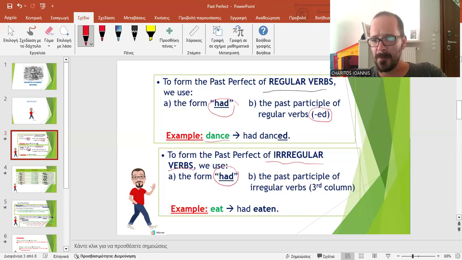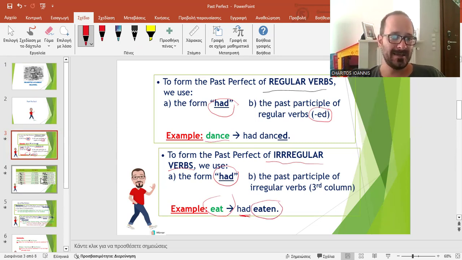So practically, go, went, gone. This is the past participle of the irregular verb go. Eat, ate, eaten. Wear, wore, worn, and so on. So here my example is the verb eat. So I need had and the past participle of the verb eat, that is eat, ate, eaten.